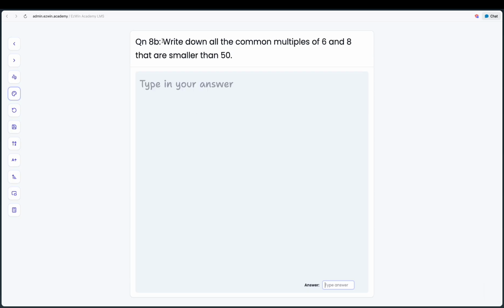Question 8b, write down the common multiples of 6 and 8 that are smaller than 50. So for 6, we have 6, 12, 18, 24, 30, 36, 42, 48, and then do we have 54? No, right? It must be smaller than 50.